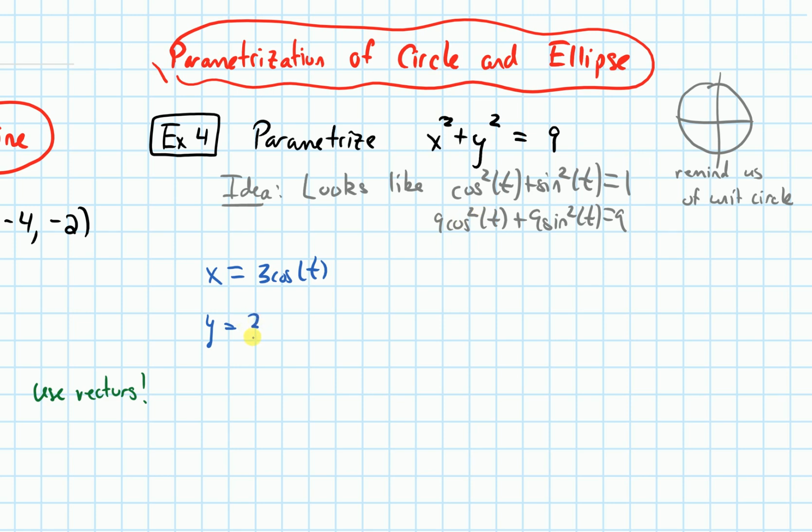Similarly, let's let y be 3 times sine t. When we take these values and plug them into this equation, we end up getting 3 cosine t squared plus 3 sine t squared, and that gives us 9 cosine squared t plus 9 sine squared t, which we know is 9. So this is going to work out when we plug it into this parametrization.